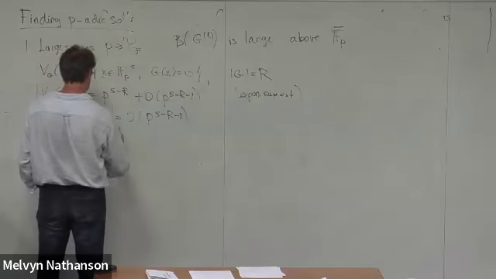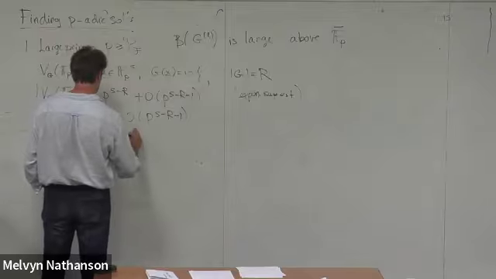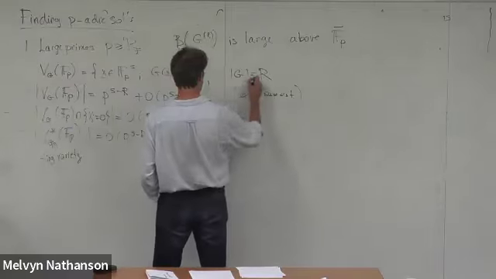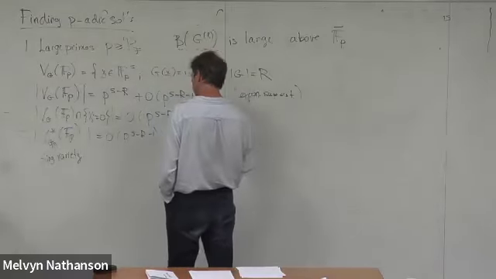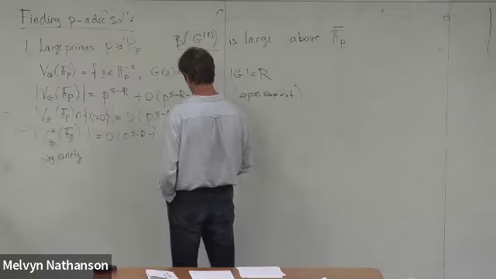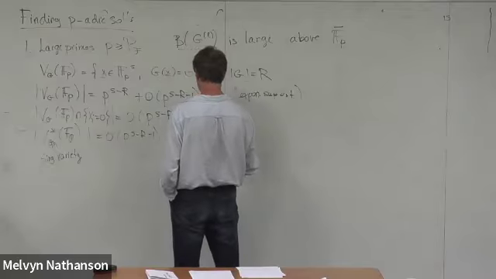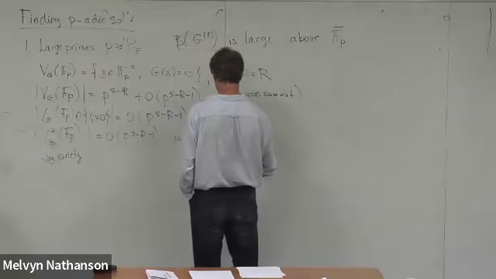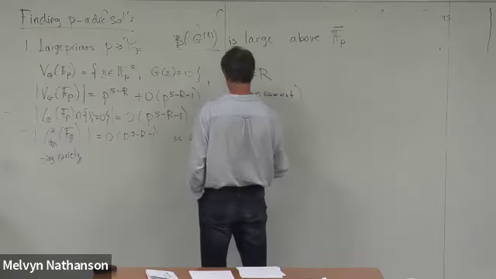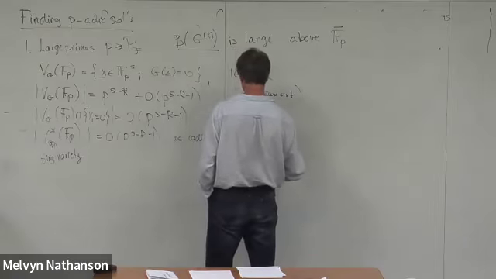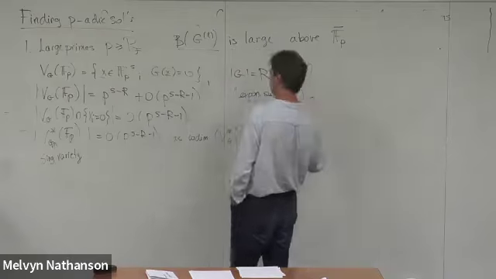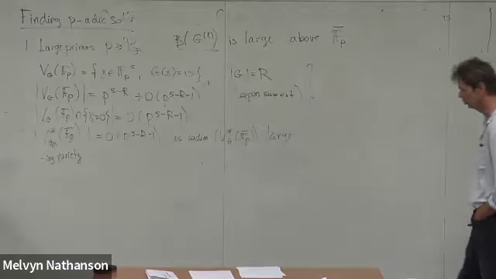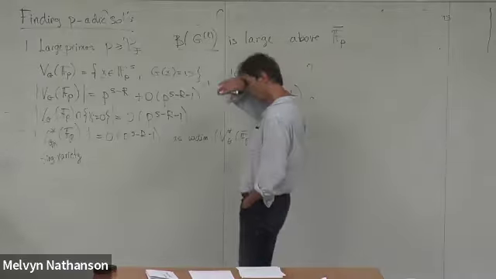And that is also bounded by p to the s minus r minus 1, by this assumption, which basically means that the codimension is large.